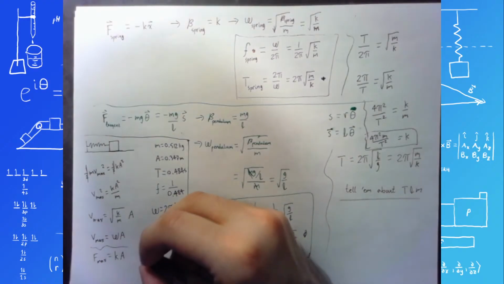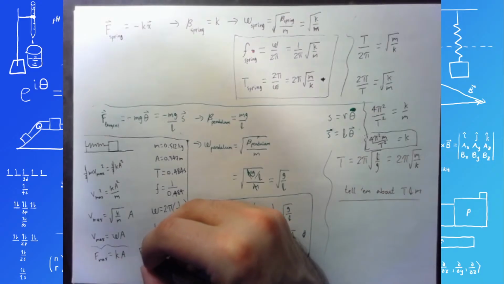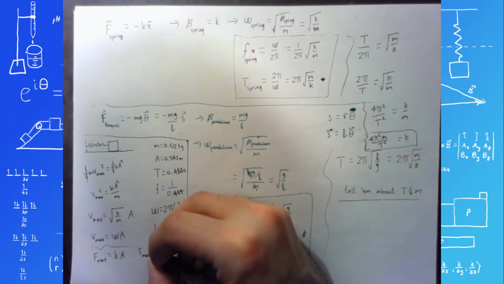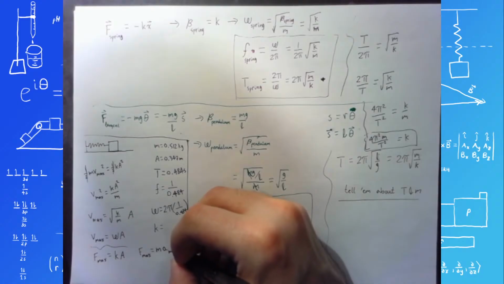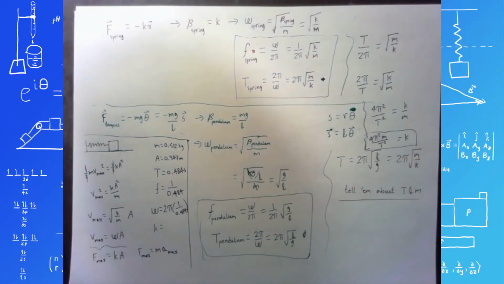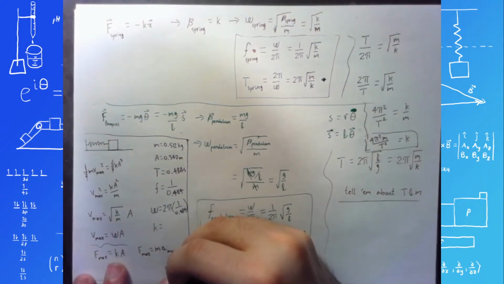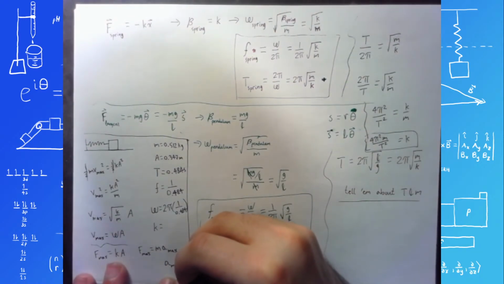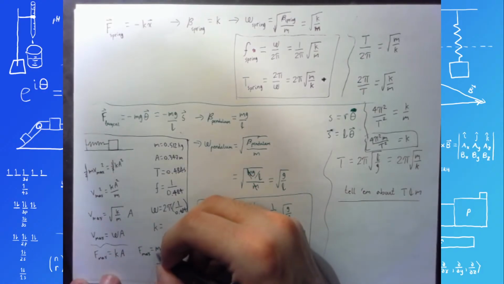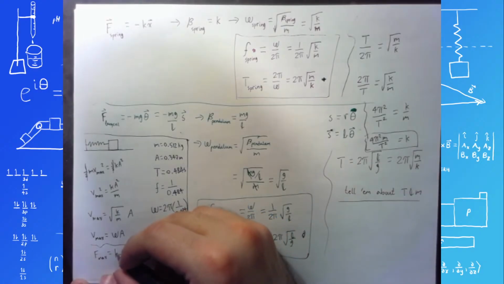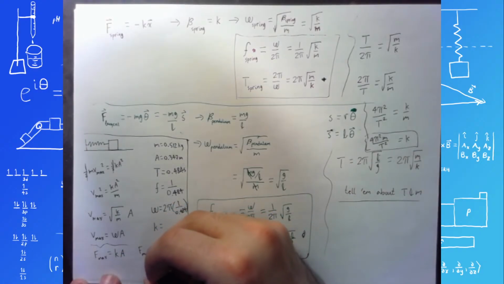If you think of it as F max equals m times acceleration max, what is acceleration max? I might as well give you this now, just so you have something to sleep on. Acceleration max is equal to F max over m, which is equal to Ka over m.